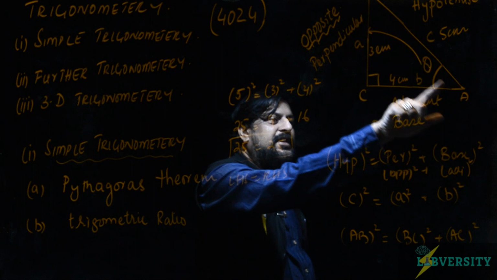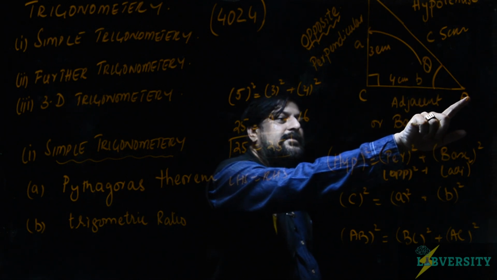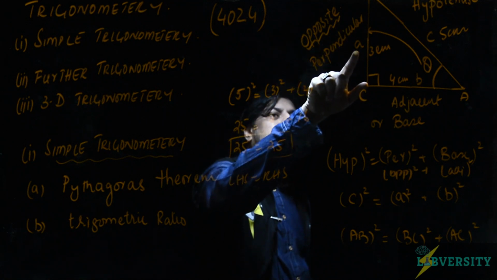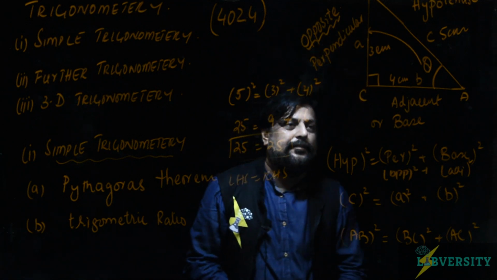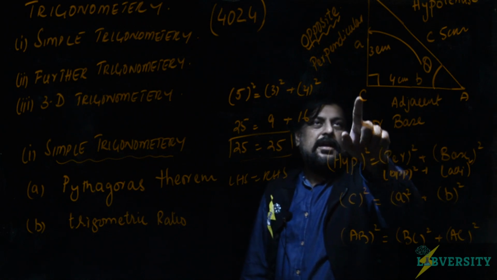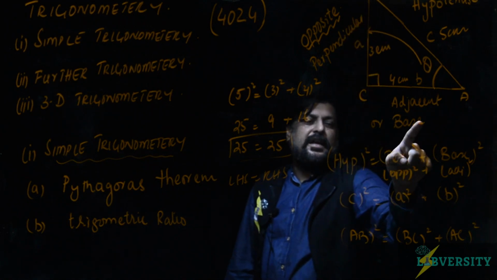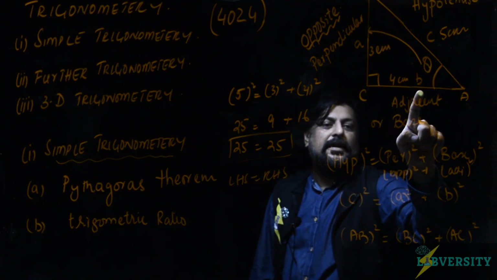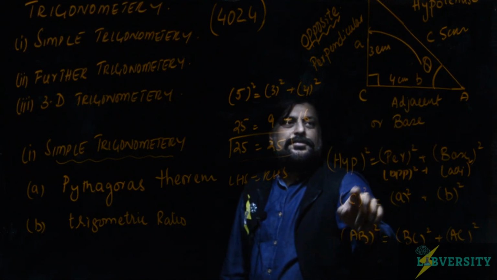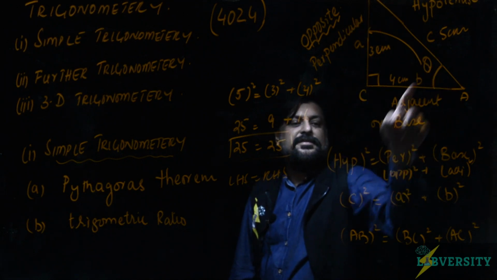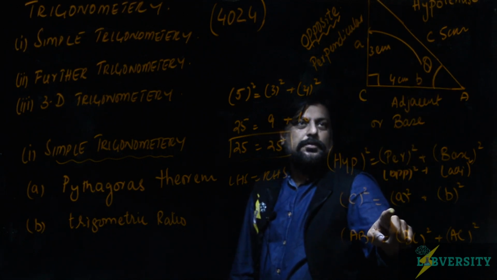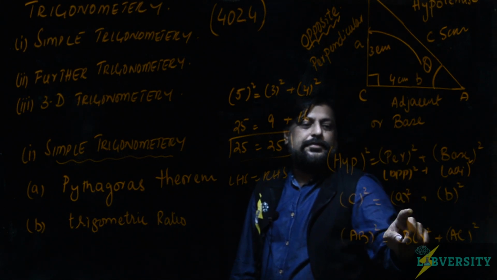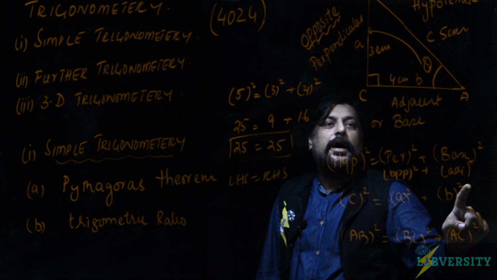Opposite to vertex A, the length BC will be named small a, and opposite to vertex B, the length AC can be called small b. So they write c squared, which means hypotenuse square, is equal to perpendicular squared or opposite square plus base square.